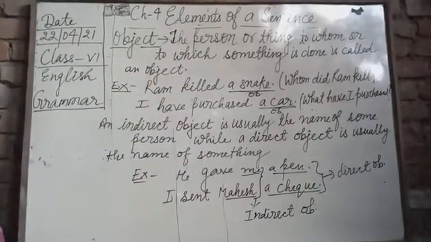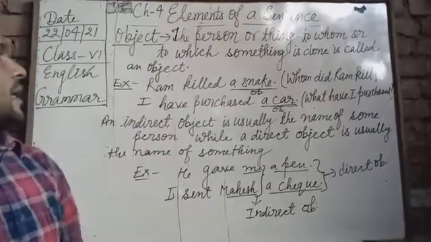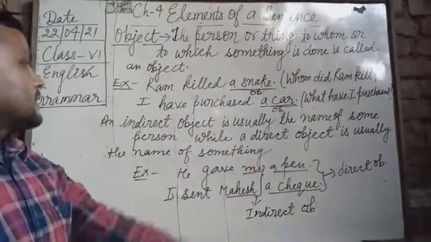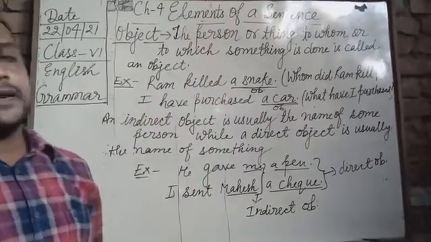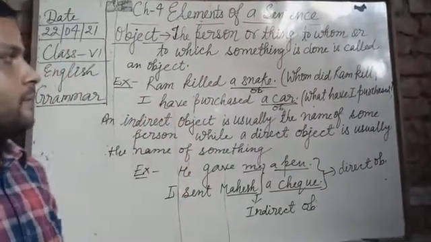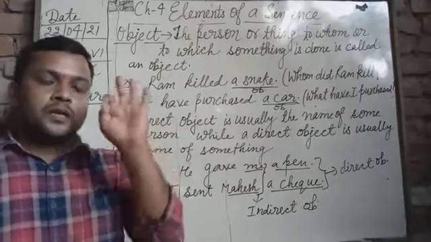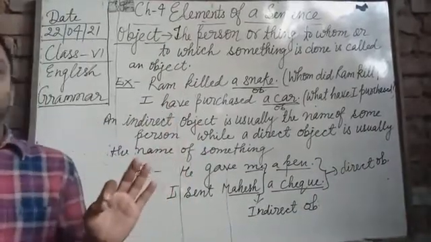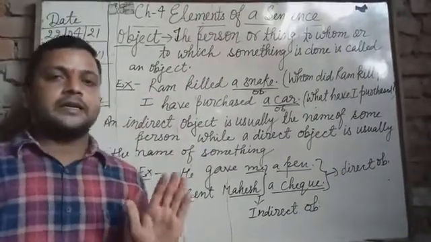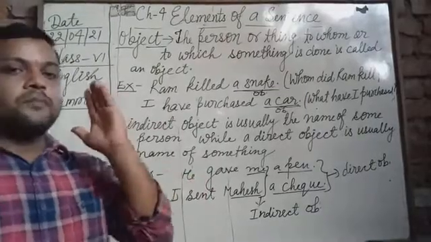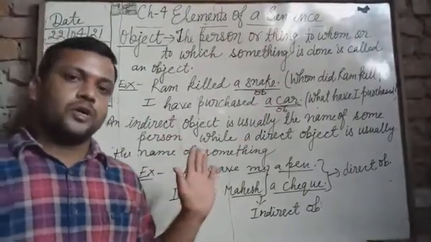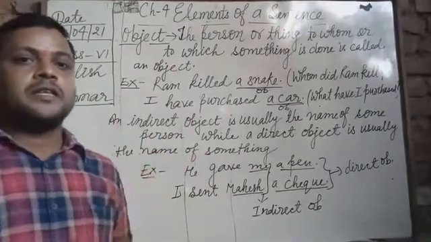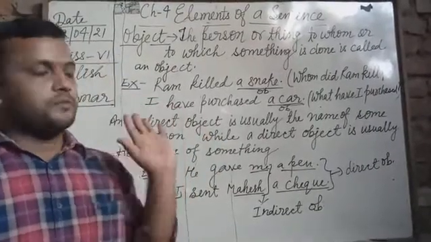So a snake is an object in the first sentence, and a car is an object in the second example. Whenever you have to find out the object in a sentence, you will ask a question with whom or what.